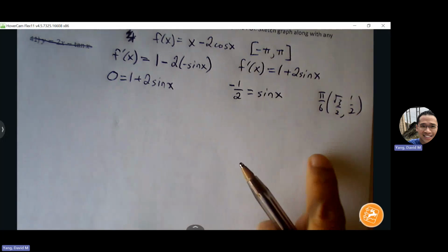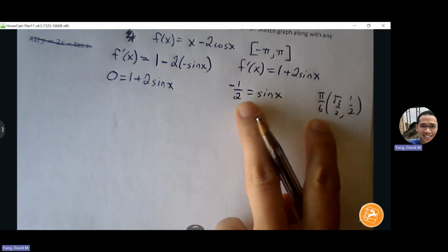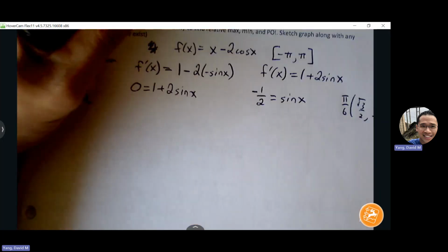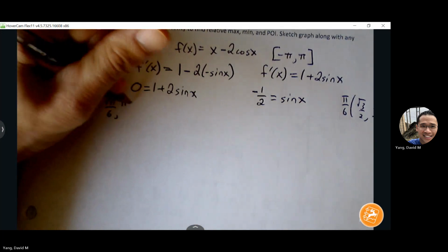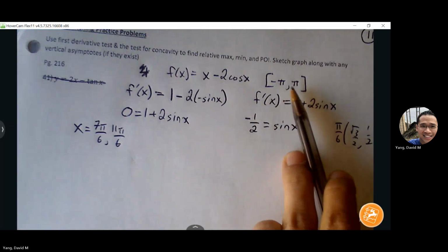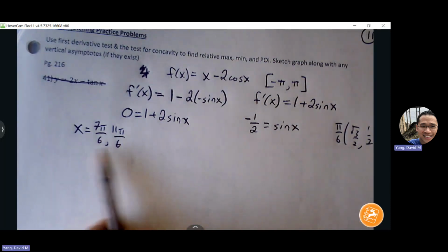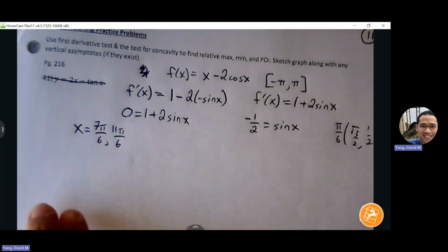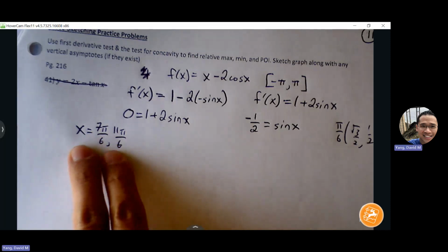Right, but which quadrant are we looking at for sine? Third and fourth. So x equals... Good. But we have issues with the fact that these are both larger than pi. So what can we do to get to something that falls within the interval that we want? Subtract 2 pi, yeah.